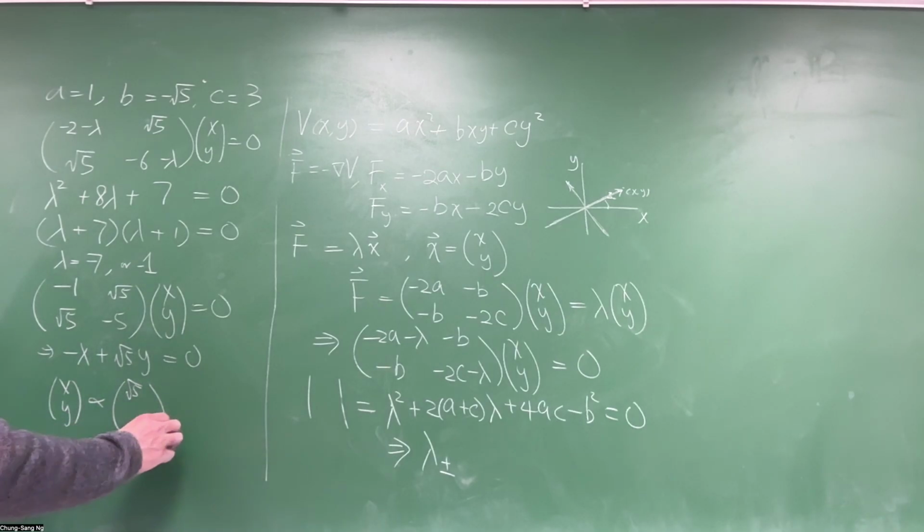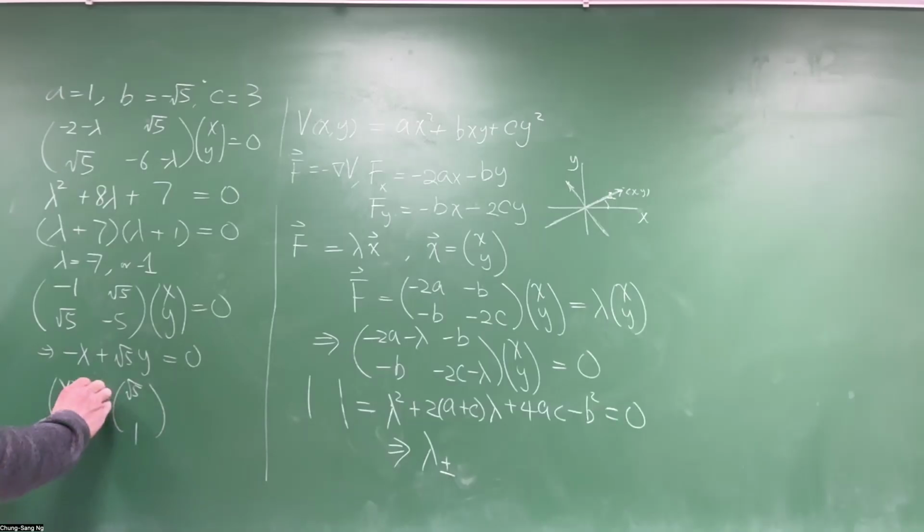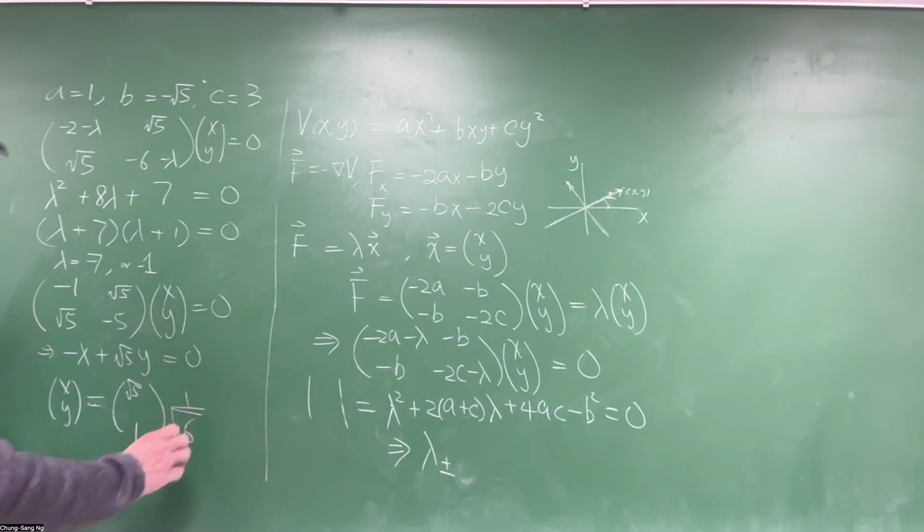So you divide by square root of 6. That makes it normalized, meaning the vector has length 1; xy dotted into xy is 1. That's the first eigenvector, for -1.